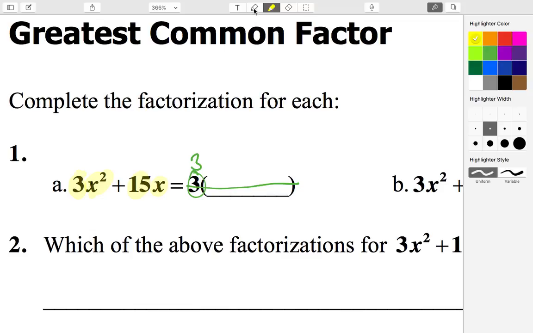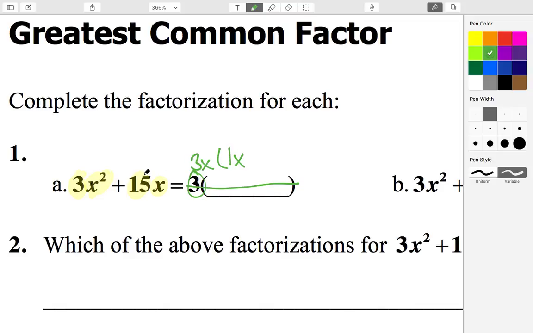So x, because they have only one x in common. Now 3x times what? Let's do the number first, make it easy. 3 times what gives you 3? 1. X, you have 1x here. How many more x's do you need to get to x squared? 1 more. So let's count them: 1, 2. We needed 2. That works out. 3 times what gives you 15? 5. How many x's do you need?